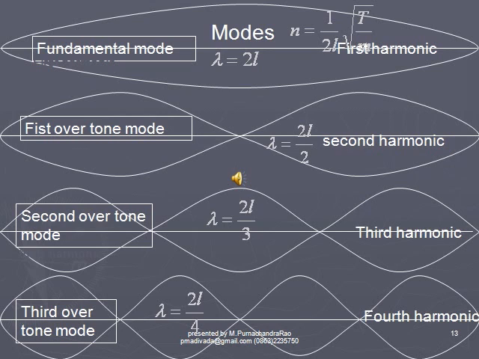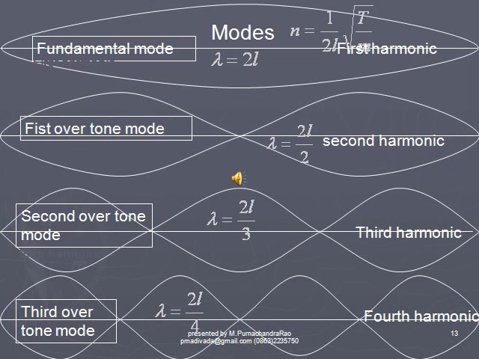The same wire can be vibrated in two loops. This is the first overtone mode, where the frequency of vibration is twice that of the fundamental mode, and this is called second harmonic.